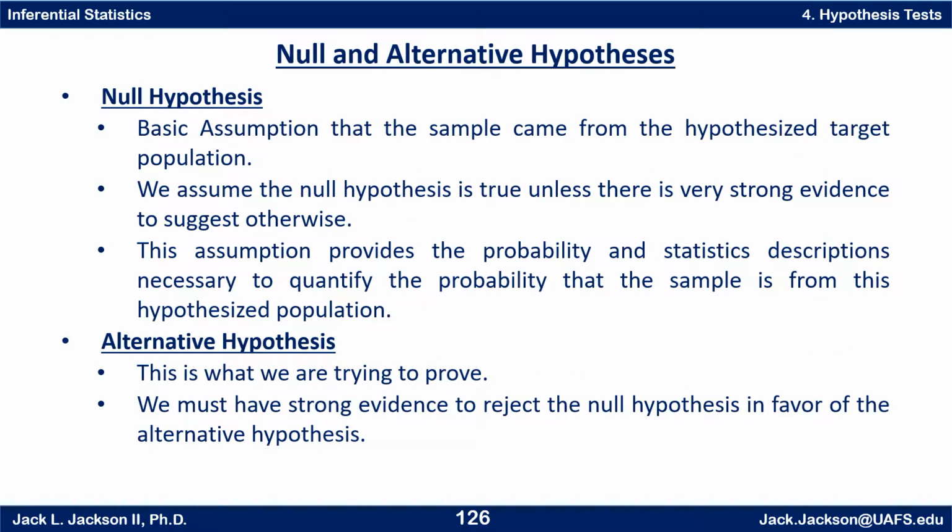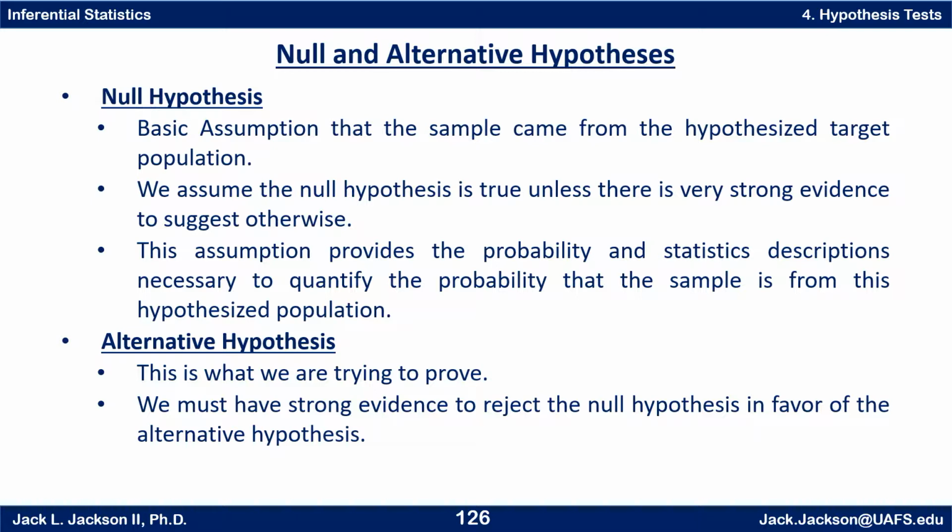So in general hypothesis tests, the null hypothesis is the basic assumption that the sample came from the hypothesized target population. We will assume the null hypothesis is true unless there is very strong evidence to suggest otherwise. So basically, for example, let's say someone claims something and we do a test to see if their claim is right. We're not going to go out and call them a liar unless we have enough evidence to back that up.